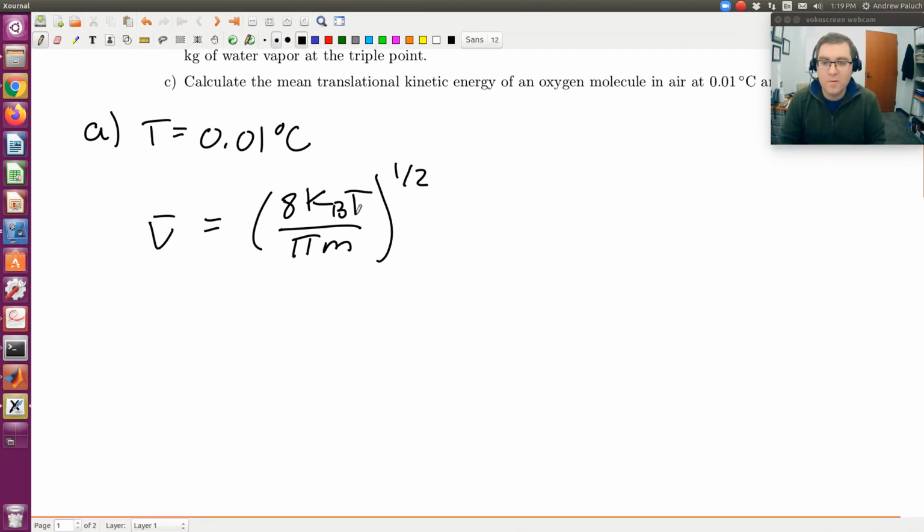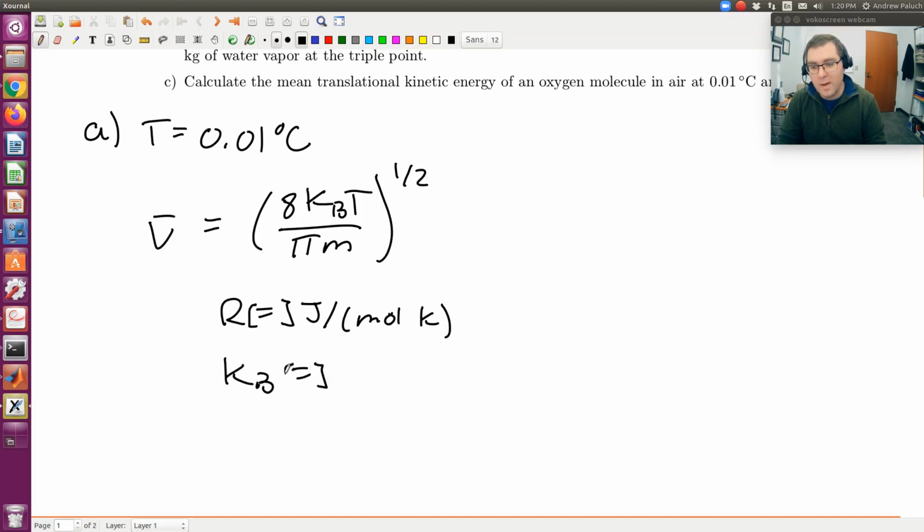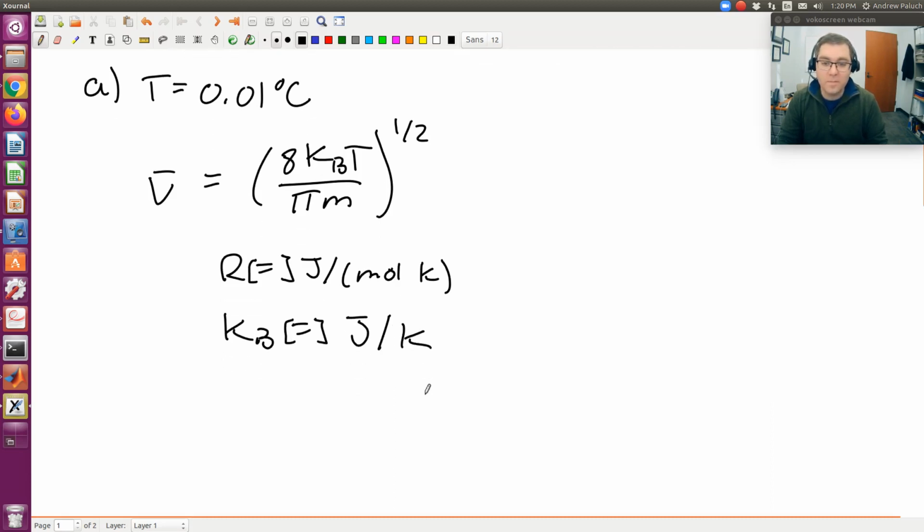First, k_B is my molecular gas constant. We know R, my molar gas constant, which in SI units has units of joules per mole Kelvin. k_B, my molecular gas constant, has units of joules per K in SI units.